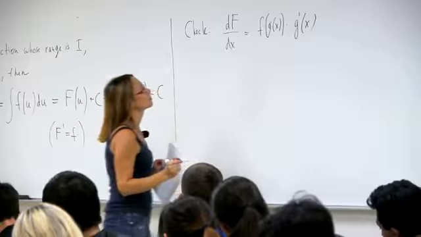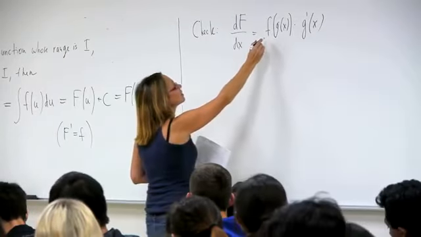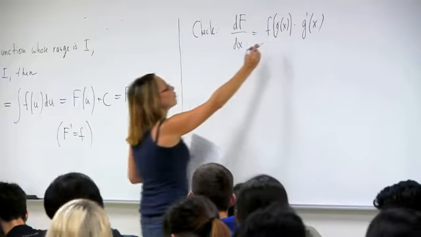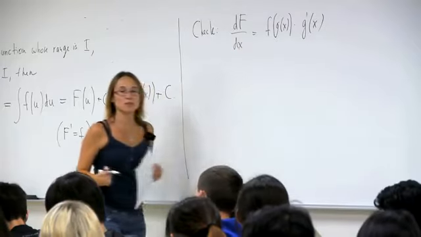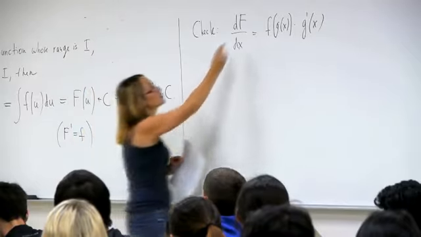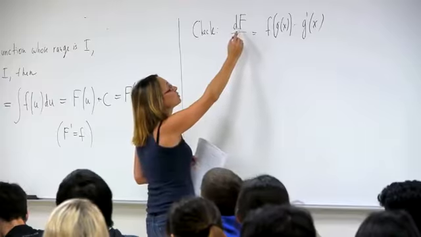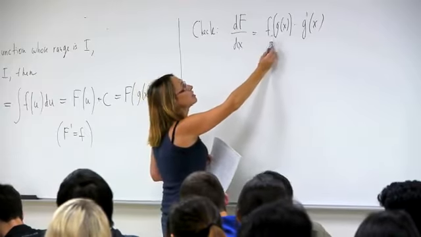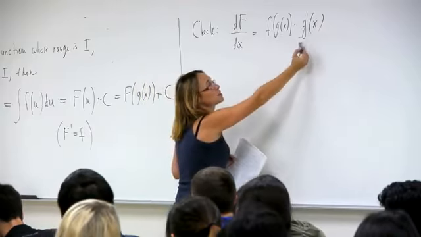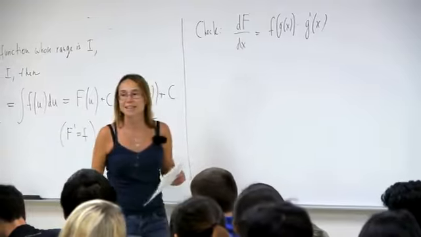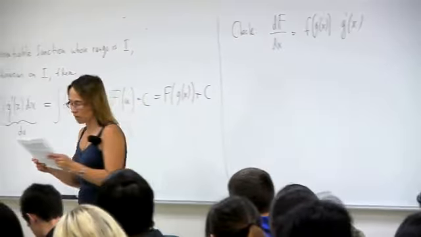So the first part follows from the fact that f is the antiderivative. When I differentiate the antiderivative of f, I get f, evaluated at g, and this is the second part of the chain rule when I differentiate the internal function.